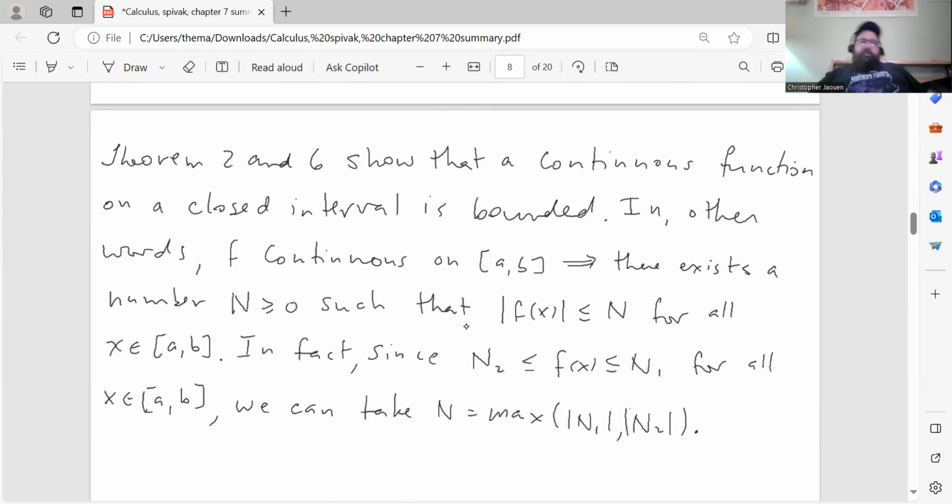In fact, since you can find numbers n2 and n1 such that n2 is less than or equal to f of x, which is less than or equal to n1, for all x in the closed interval from a to b, we take n equal to the max of the absolute value of n1 and the absolute value of n2, and that will work. That's a value that you can use as an upper bound for the magnitude of f.